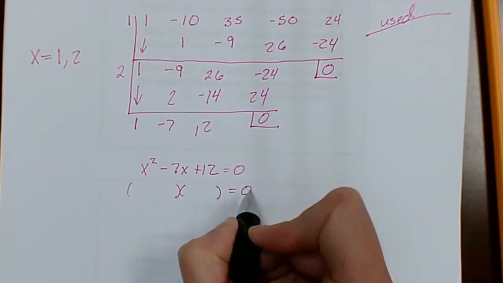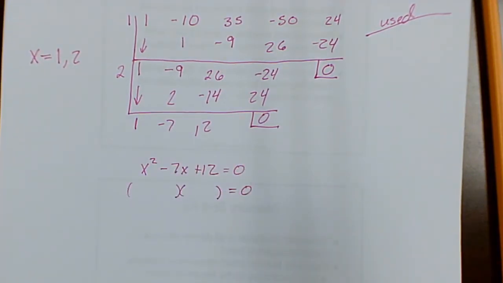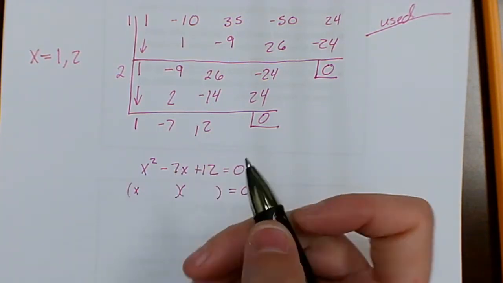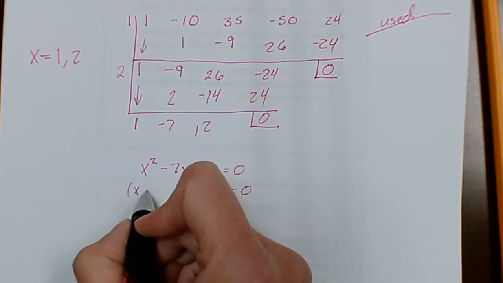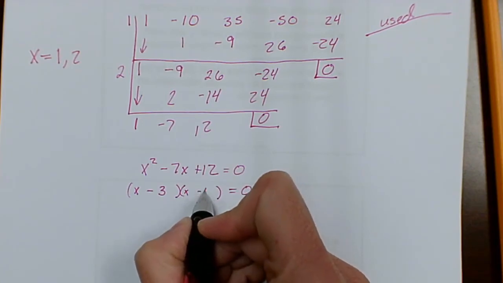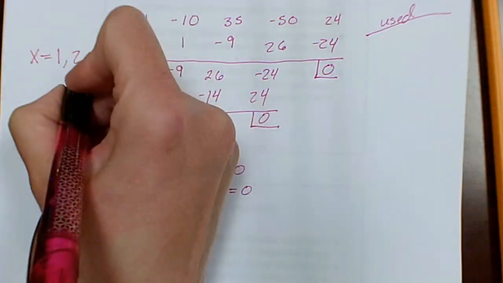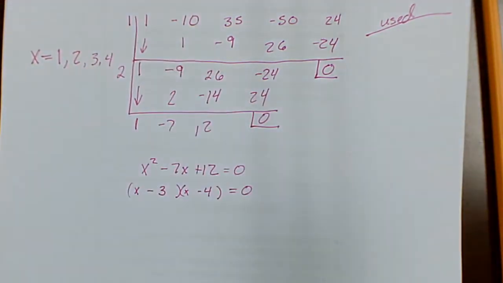You can actually factor. If you can't factor it, you can use the quadratic formula to find your missing values. So this has to be negative 3 and negative 4. So when you solve that, we get 3 and 4.